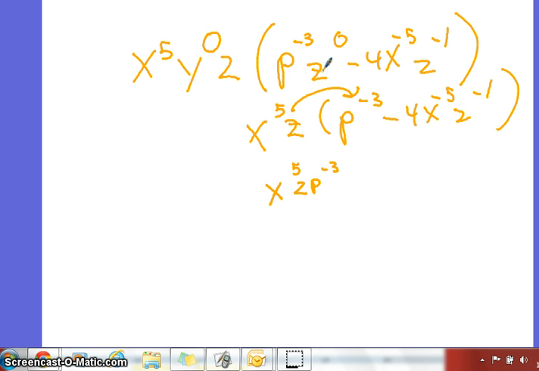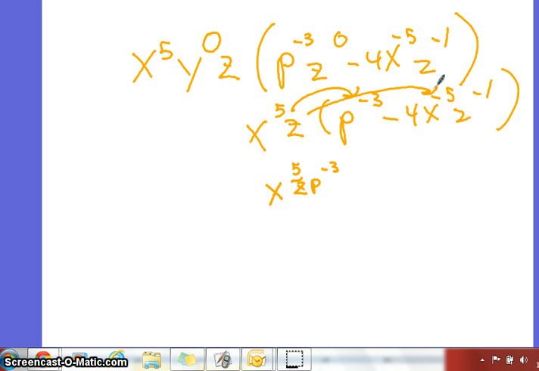Sorry, I'm being sloppy. Does that make sense so far? Then I'm going to distribute that same thing over here. Keep in mind what I've got going on. Is that a 2 or a z? It's a z. Excuse my sloppiness. All right? You with me?